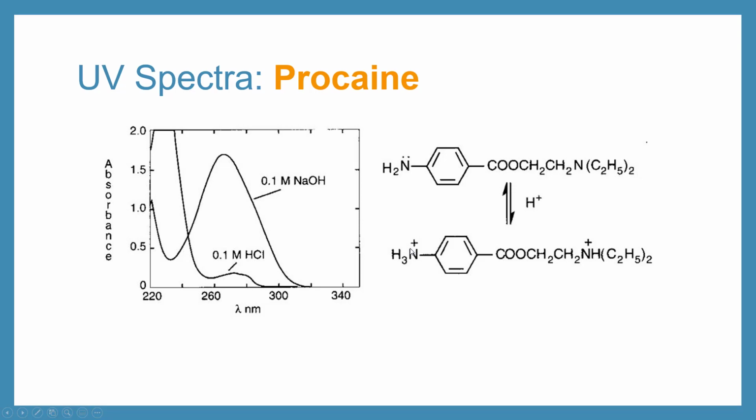That is because those lone pairs of electrons are gone, okay, they're used up. It is only when it's being deprotonated that we're actually gaining access to those lone pairs of electrons, and those lone pairs of electrons can be excited from the ground state to a higher state, giving rise to this new peak. Okay, so just be mindful of that.